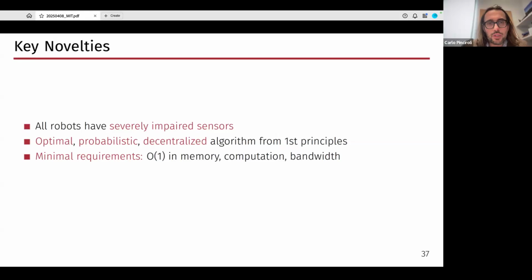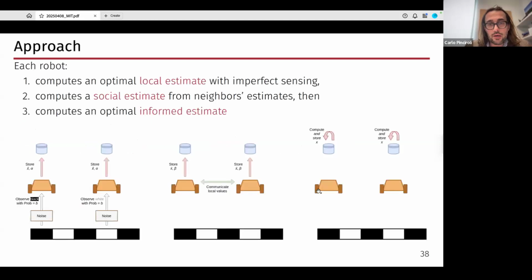And the very first thing we did was to devise a very basic algorithm that was essentially a distributed Kalman filter with minimal requirements: constant memory usage, constant computation, and constant bandwidth. So something very, very simple. And it worked in 3 parts.